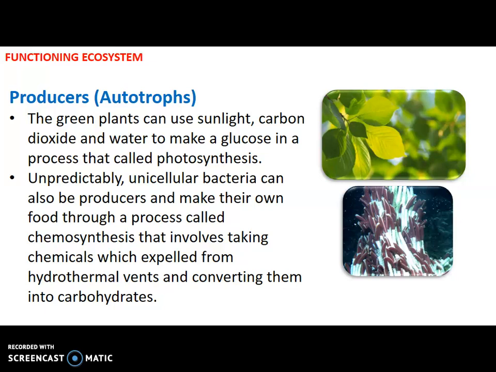They convert chemicals and use them to make their own food. They are also autotrophs. So either through chemosynthesis or through photosynthesis, these are the two processes involved in making food independently.